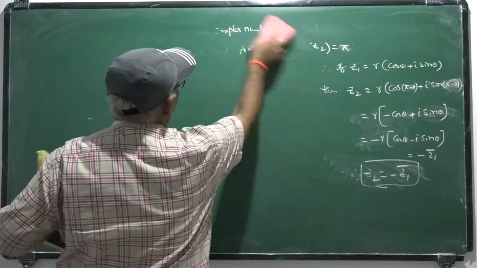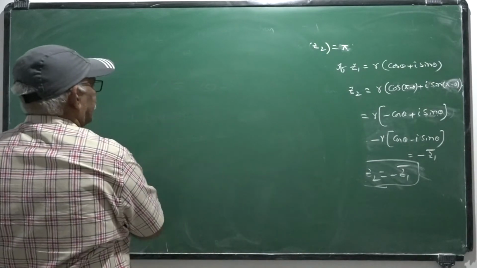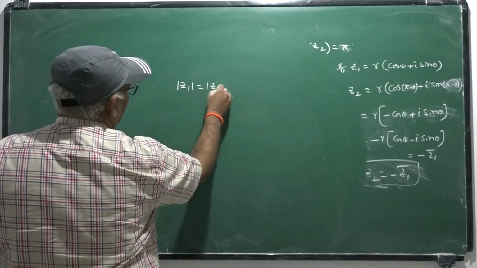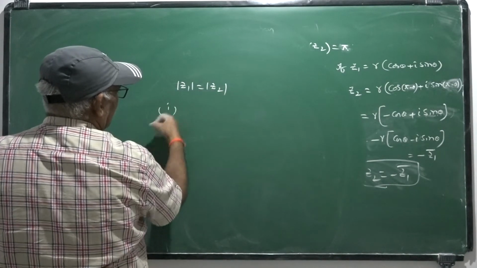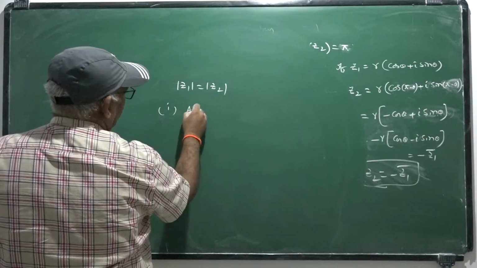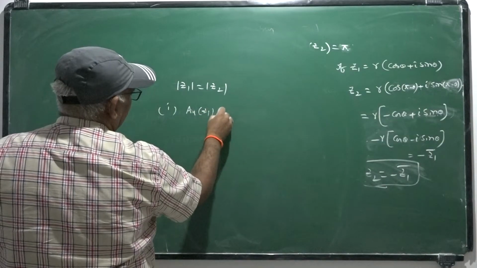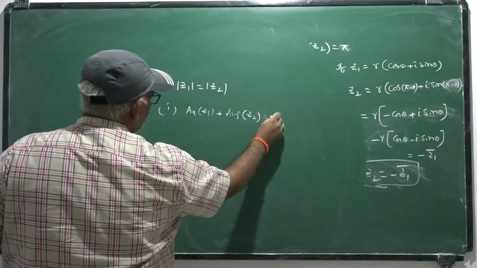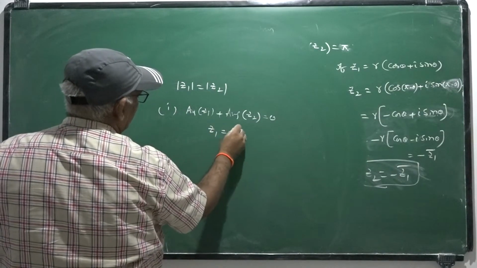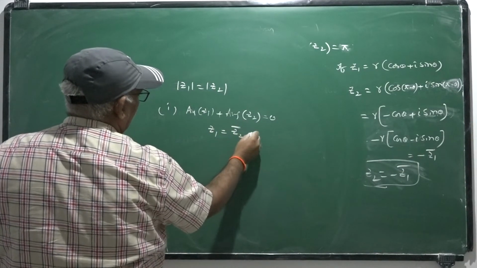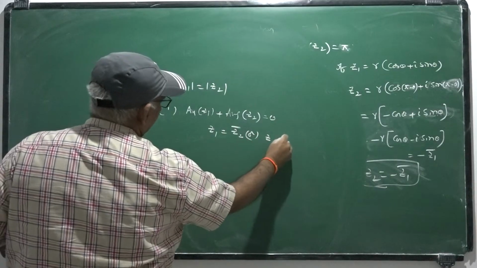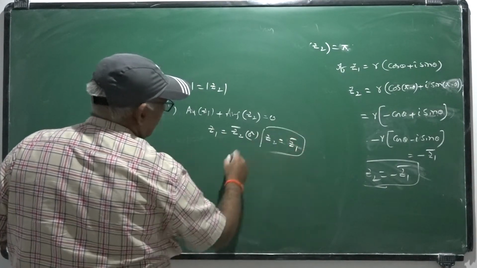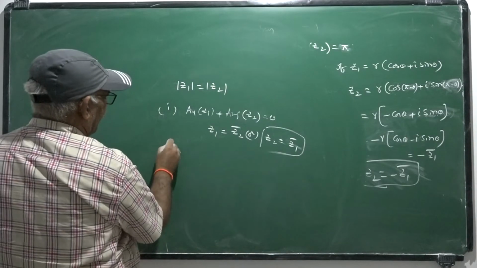So the concept is here: once mod z1 equal to mod z2 and the argument of z1 plus the argument or amplitude of z2 is 0, then z1 equals z2 bar or z2 equals z1 bar, one is the conjugate of the other.